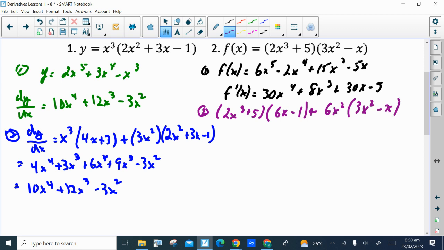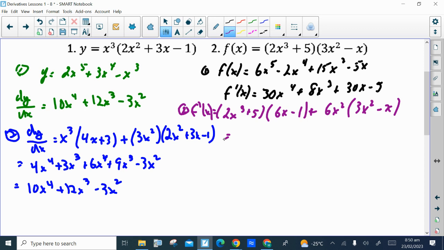Remember, the derivative of a constant is always 0. So when you take the derivative of that plus 5, a constant, it is 0. So this is f prime x, the first step.